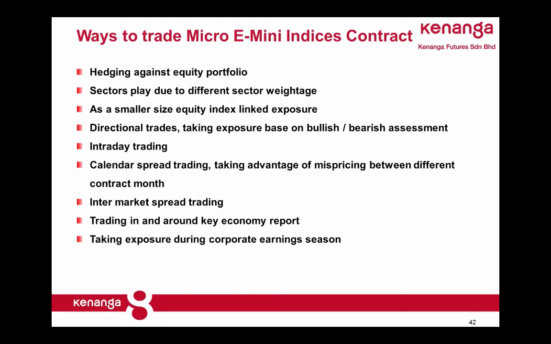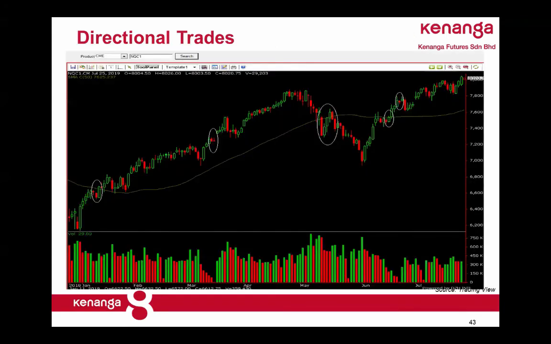And like last night, the Facebook, Visa, and AT&T all reported better than expected earnings, which resulted in the index reaching a record high. Okay, this is an example of a directional trade.